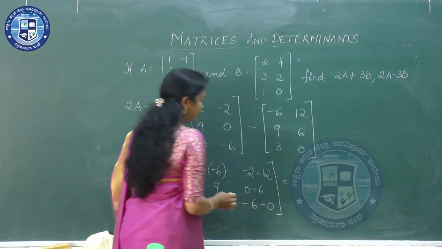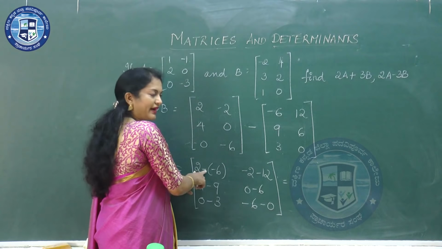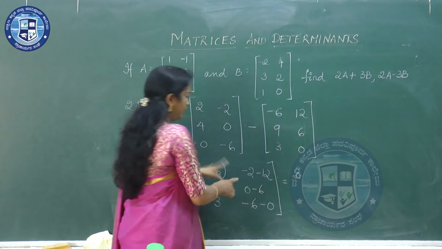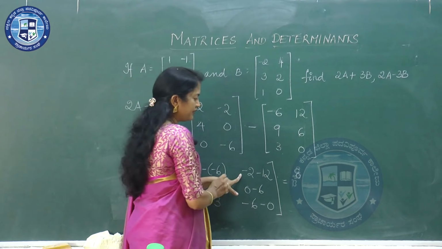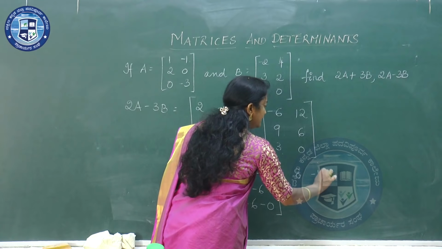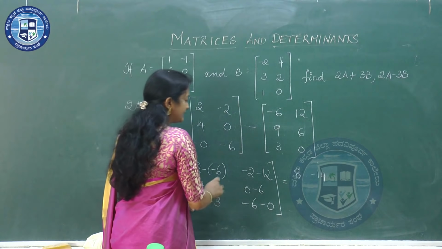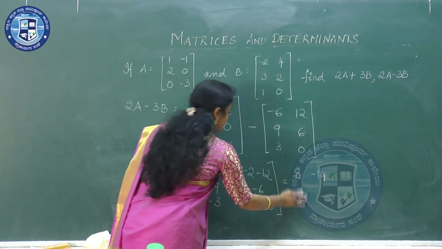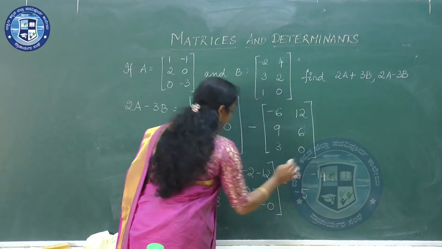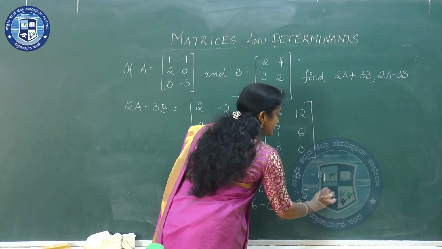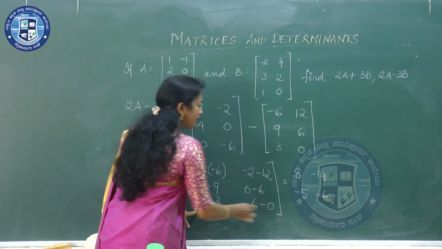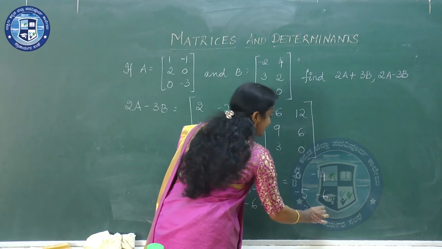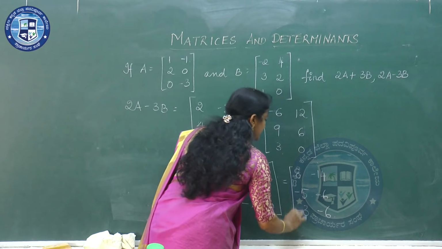So what we are going to get? 2 minus of minus 6 is 2 plus 6, which is 8. Minus 2 minus 12 is minus 14. 4 minus 9 is minus 5. 0 minus 6 is minus 6. 0 minus 3 is minus 3. Minus 6 minus 0 is minus 6.